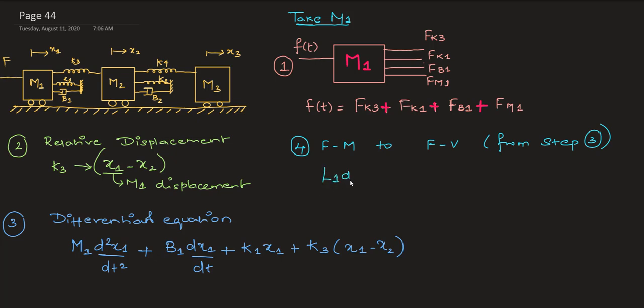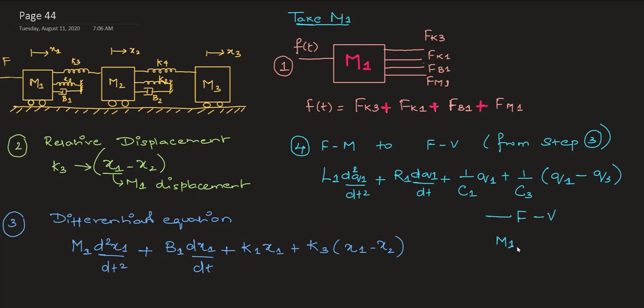The differential equation is given, and I'm not going to say much on the rules. You can tell by seeing that the relative displacement for K3 is x1 minus x2, where x1 is for the mass M1 in question. So my force to mass and force to voltage is shown here, and now I'm writing the electrical equivalent.